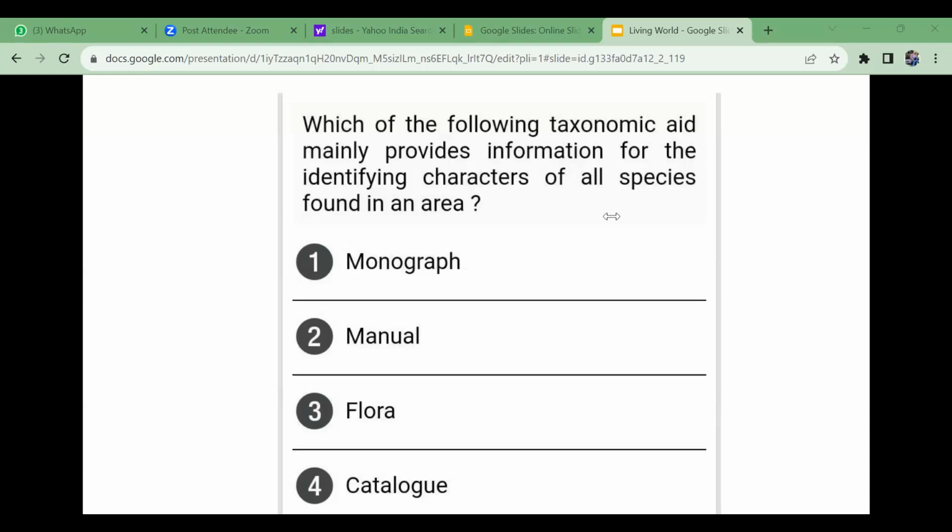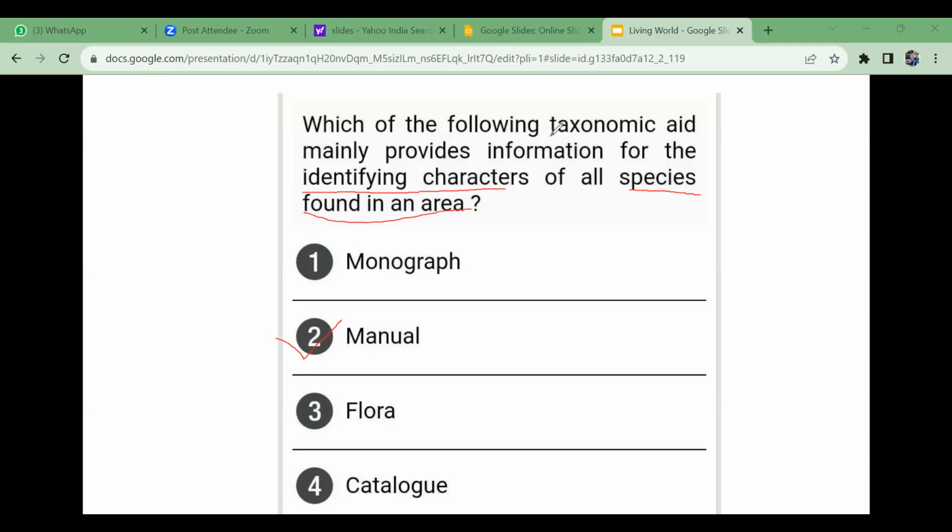Sri no. KV no. So the answer is manual. Manual is identifying the characters of all the species. Okay, 1 minute. Information about the identifying the characters of all the species found in an area.